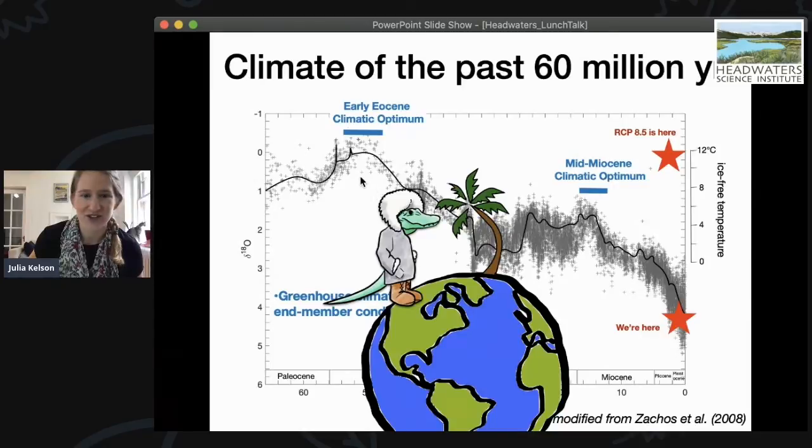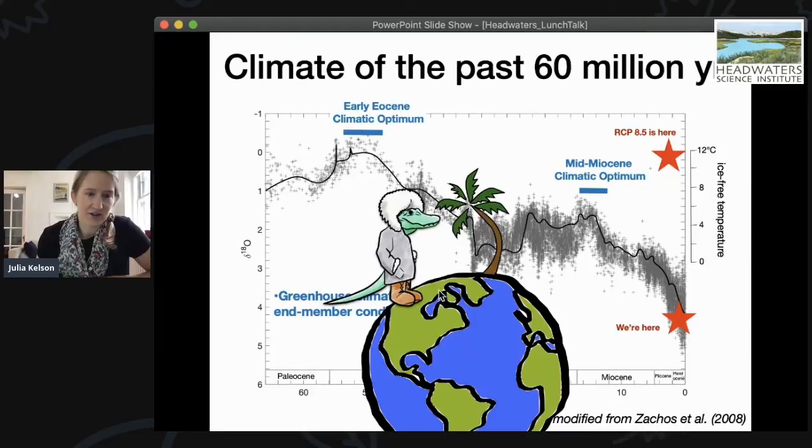This time period, called the early Eocene, we qualitatively knew was quite warm, because scientists in the 1980s, I believe, found evidence for palm trees and alligator fossils at really high latitudes. Even in the Arctic and places now like Greenland that's covered in an ice sheet, we found deposits of this age that have alligator fossils. So we know that it was a tropical forest at high latitudes.